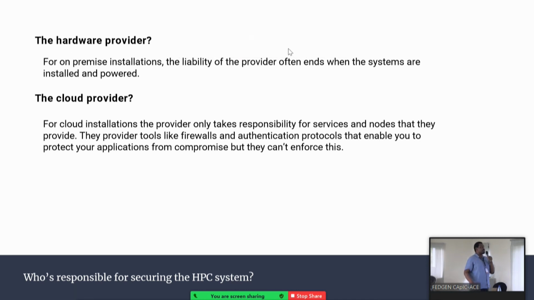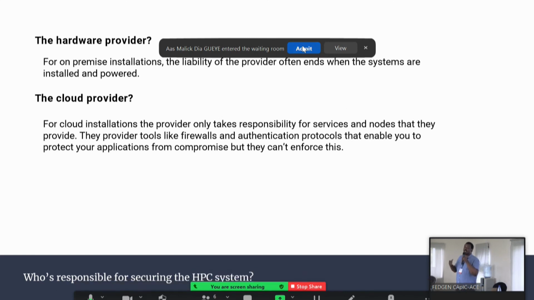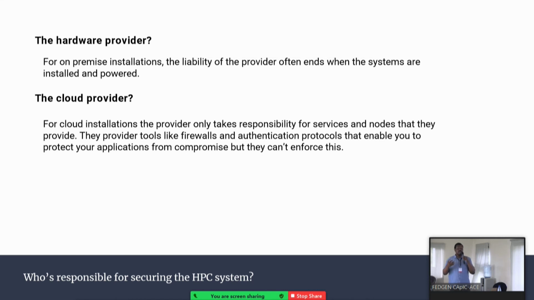For instance, they will provide things like gateways with configurable firewalls. They'll provide VPNs if you want to ensure that two devices or two systems talk to each other only and ensure that the communication between them is encrypted.